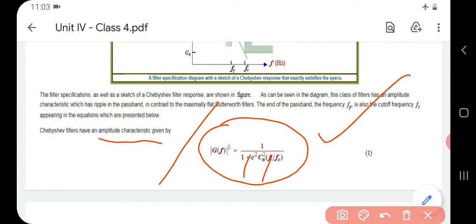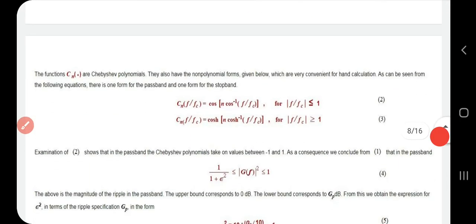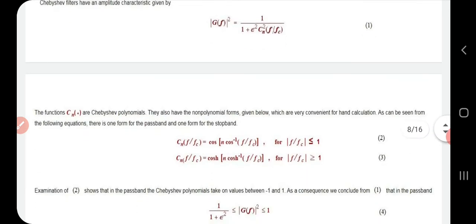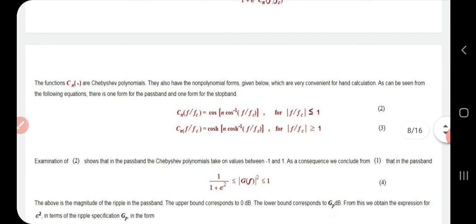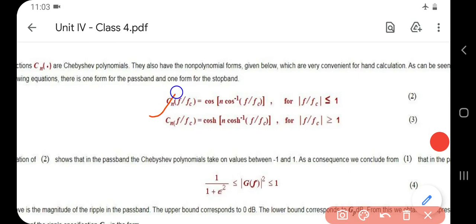So you can write this f as normalized frequency, and fc the cutoff frequency. Now this Chebyshev polynomial Cn is shown in equation 1. Cn can have two different expressions depending upon a certain condition.